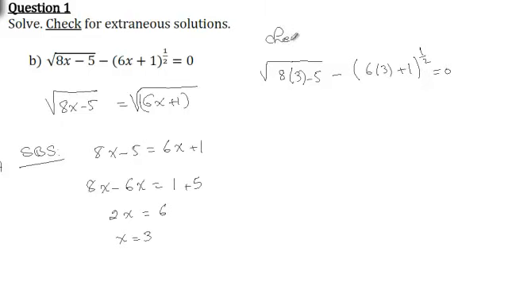Check. 8 times 3, 24. 24 minus 5, 19, minus 6 times 3, 18, plus 1 is 19. And as we said, power half means radical. So radical 19 minus radical 19, is it equal to 0? Yes. So this is true. So x is equal to 3 is the solution. So we say accepted solution.